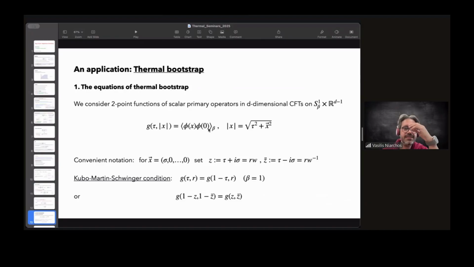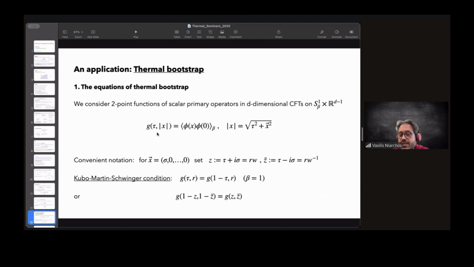Okay, so let me set up the notation here, although I think most of you are experts, so I shouldn't stay too long on this one. But I just want to set up the notation. We're going to consider two-point functions of scalar primary operators in d-dimensional CFTs on S1, the thermal S1 times the d-1 dimensional plane.